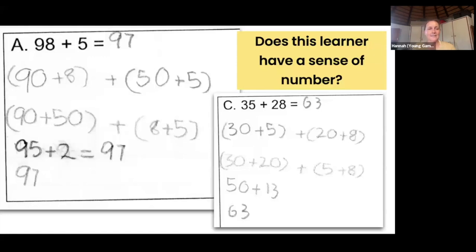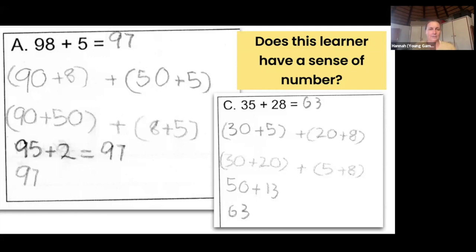it's 98 and 5. Now they're trying to follow the method again, breaking up the 98, which the child can do. I'm not sure if they understand what 90 and 8 is, but they can break up 98. And then they've got 50 and 5 because they didn't know what to do with the 5. So they're trying to follow that formula, but there's no other number.